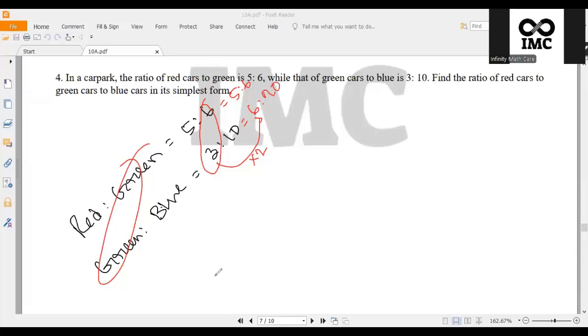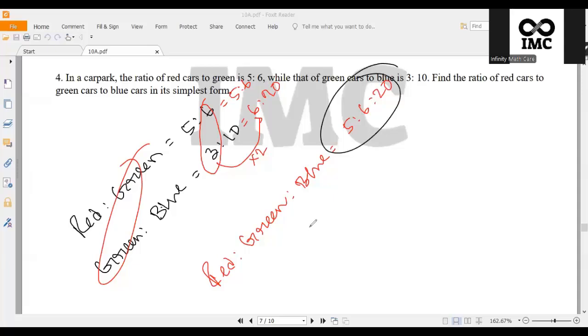Then we can easily say red is to green, green is to blue, equal to 5 is to 6 is to 20. So red is to green is to blue, 5 is to 6 is to 20 will be the final answer. It is already in its simplest form. I hope you understand this one properly.